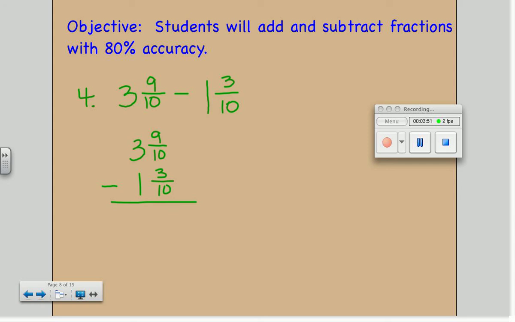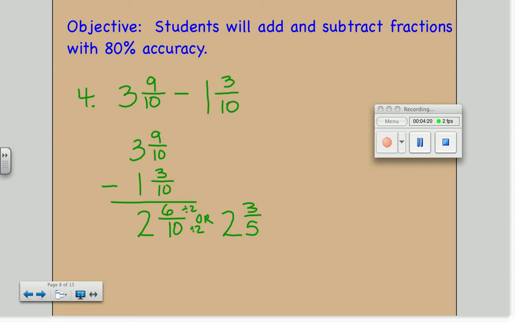Always start on the right with fractions first. 9 minus 3 is 6. The denominator stays the same, 10. And 3 minus 1 is 2. Or I can reduce 6/10 by dividing both of these by 2. 6 divided by 2 is 3, and 10 divided by 2 is 5. So 2 3/5 I can get for that one.